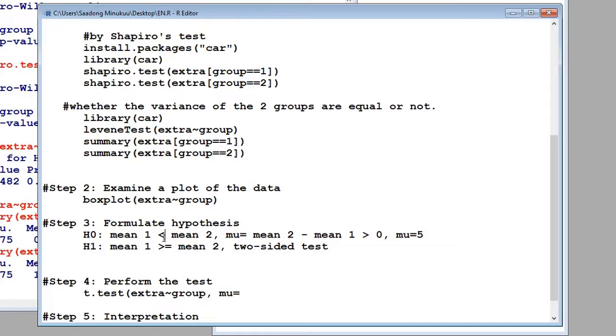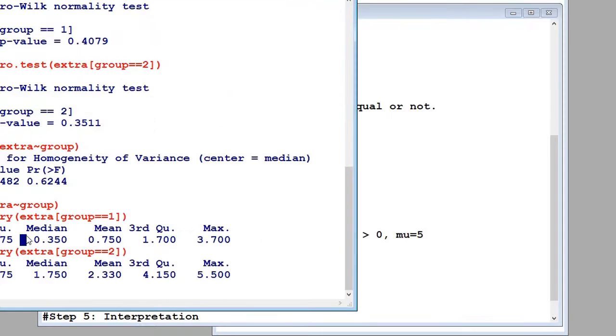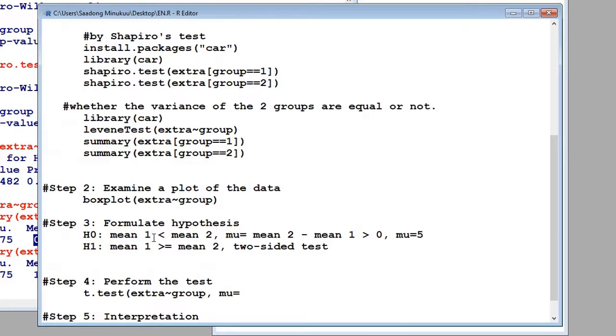Just looking at the sample, we could have assumed that there's no significant difference between them. Remember this is the median; the median is not the same as the mean, but we are just exploring our data to be able to formulate our hypothesis. So somebody could say, based on the medians 0.35 and 1.75, there's no significant difference. So we could have just assumed that m1 should be equal to m2.